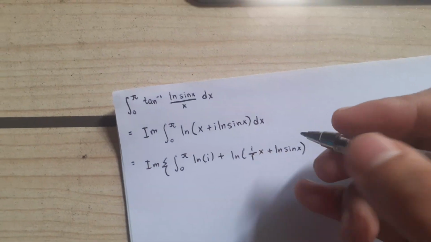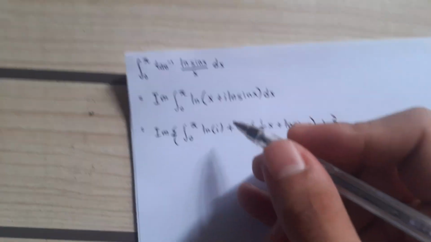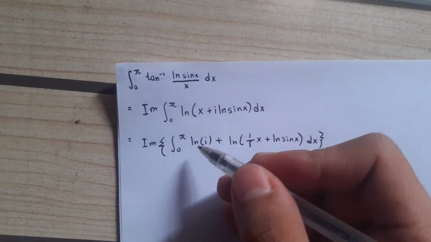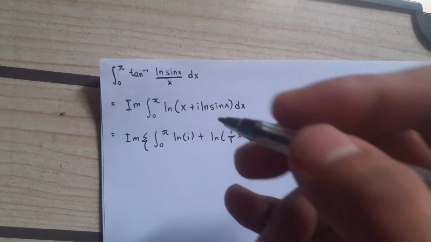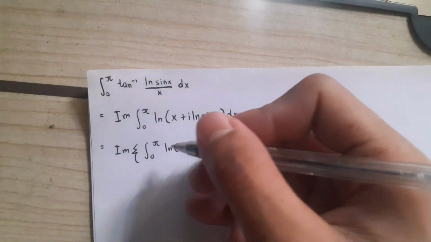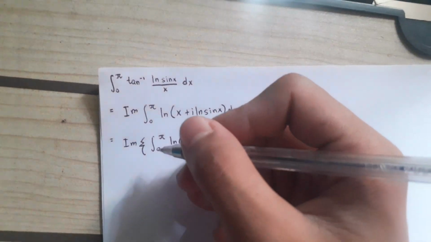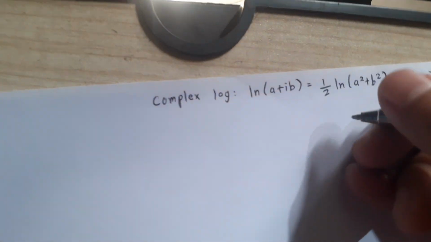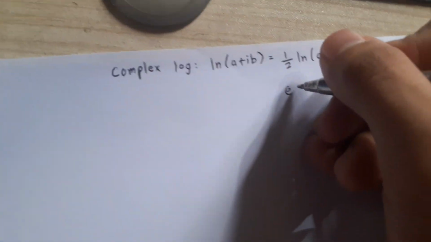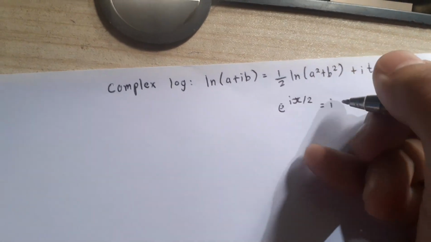The value of ln i is equal to i times pi over 2, which is derived from Euler's equation, e raised to i times pi over 2 is equal to i.